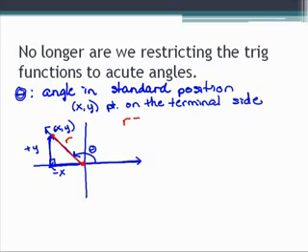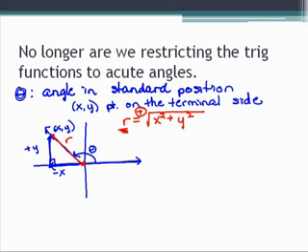So instead of going r squared is equal to x squared plus y squared, I'll do the square root of x squared plus y squared, which will give me r. And always remember that our r is always going to be a positive number. So going left or down will create negatives, but the r, regardless of what quadrant it is in, will always be positive.